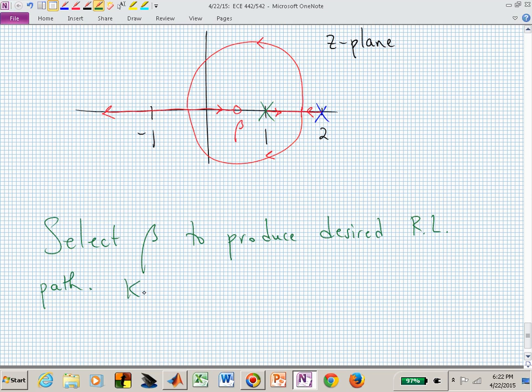And then K is used to fix our closed loop poles somewhere on those paths or those branches. K is used to fix the dominant closed loop poles.